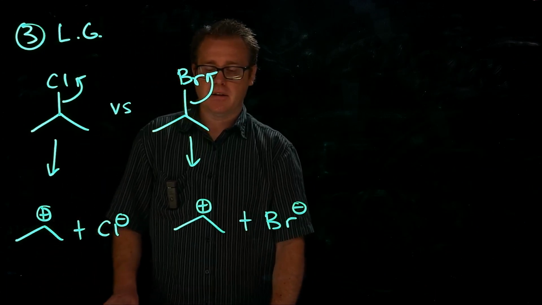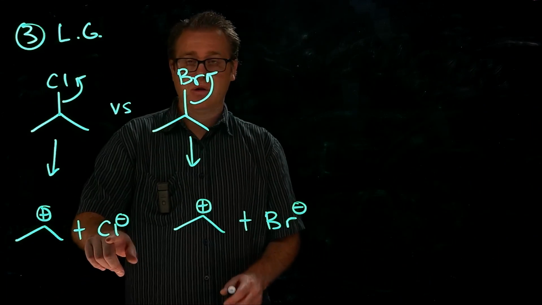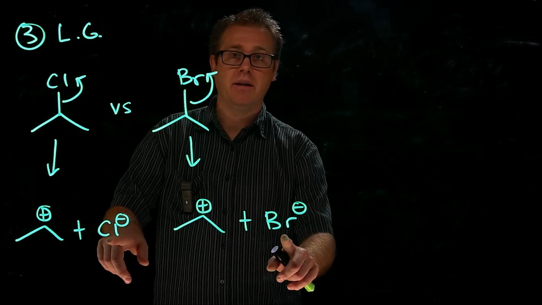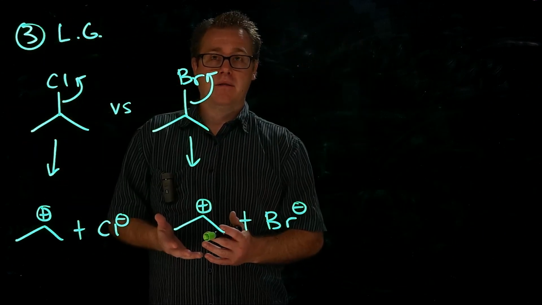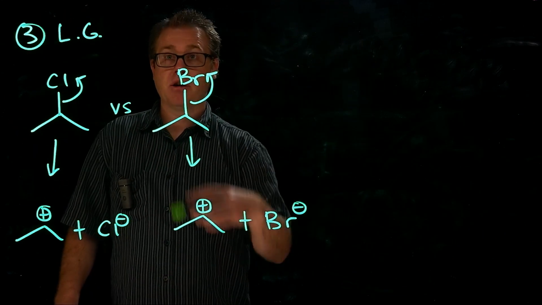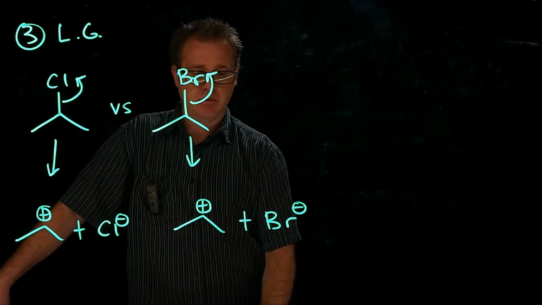In this particular case, we could just use a size argument, like the chloride is smaller than the bromide. And we've learned that the larger the volume that the atom has for the negative charge to move around in, the lower in energy and more stable it is.